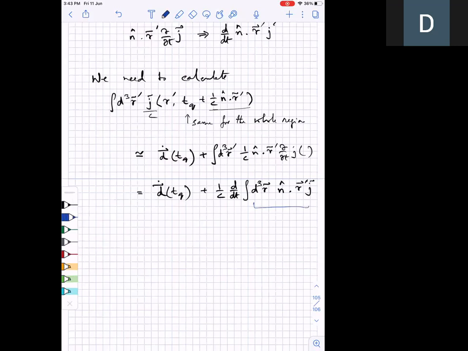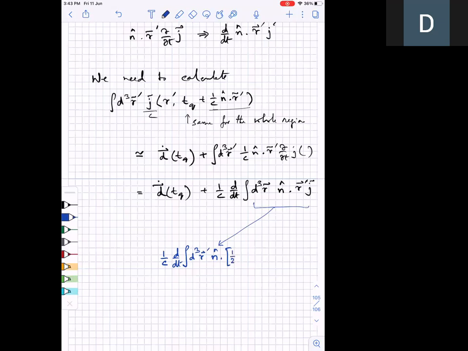What I'm going to do is write this term as two terms. Okay. So I'm going to write this whole thing as 1 by c d dt of integral over d cube r prime. Take the n cap out, n cap dot half.